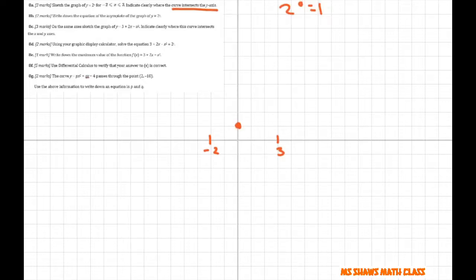Let that be 1. 2 to the -2 is 1/4. So let's put that really close here. And 2 cubed is 8. So at 3 we're going to 8, which is here. And we're just graphing in between here. So there it is, something like that's your curve.